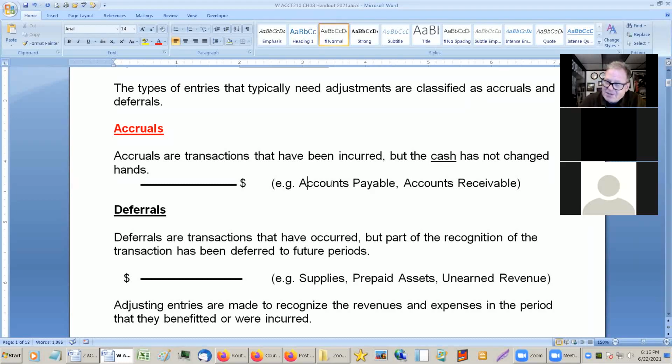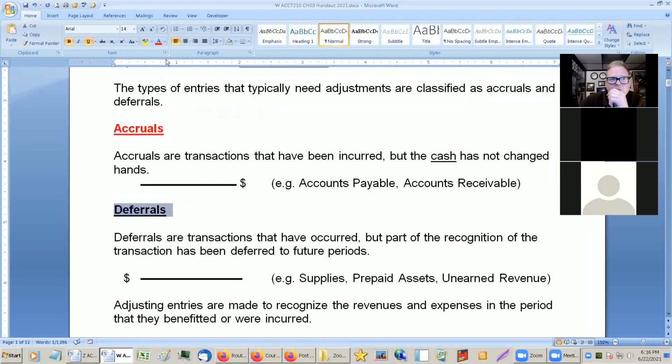We're going to recognize that we owe them the money, but we have not paid them yet. It could be accounts payable, wages payable, or interest payable. A lot of times the payables are going to be that. Same thing with receivables. We did the work, but we haven't been paid yet, right? So these are transactions that have occurred, but the money hasn't changed hands yet. So this is accrual accounting, and accrual accounting a lot of times is a little bit more difficult.